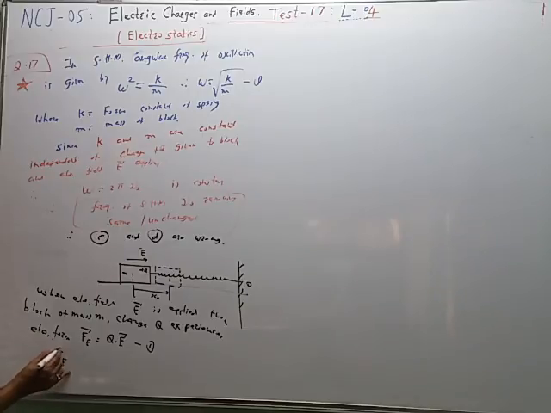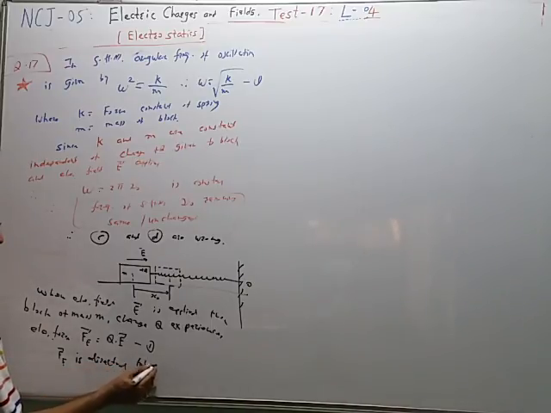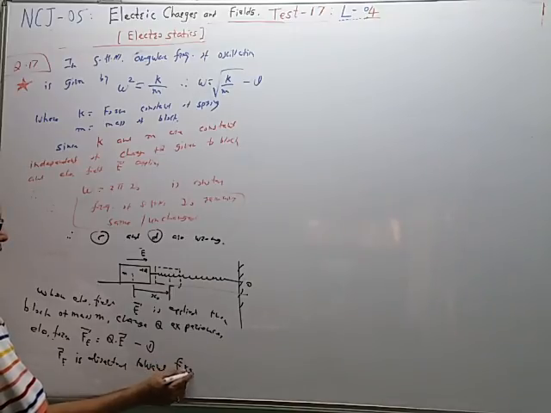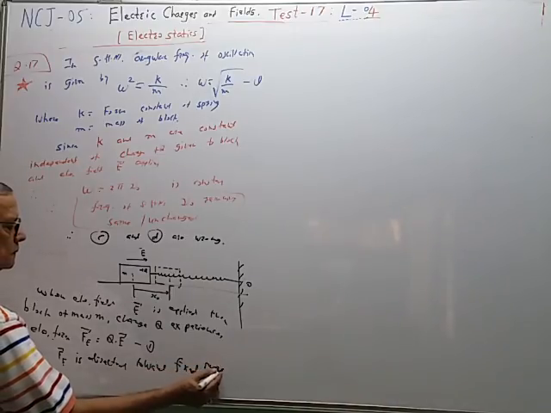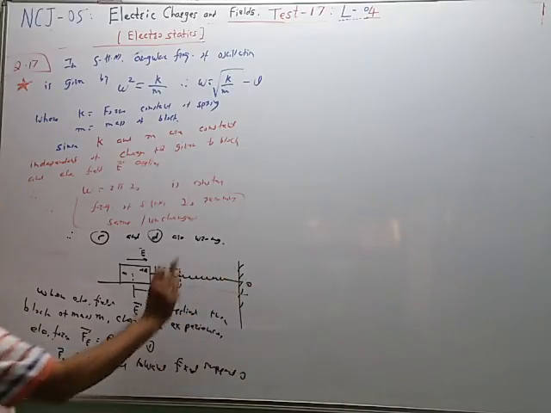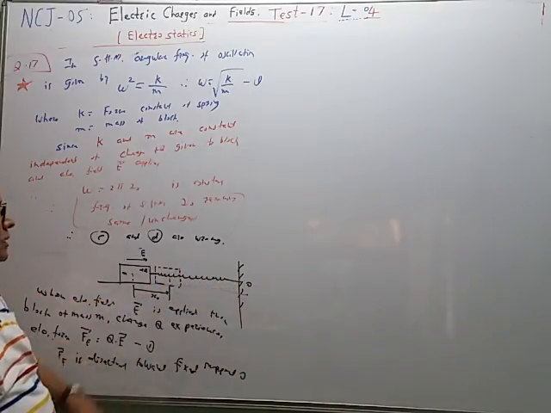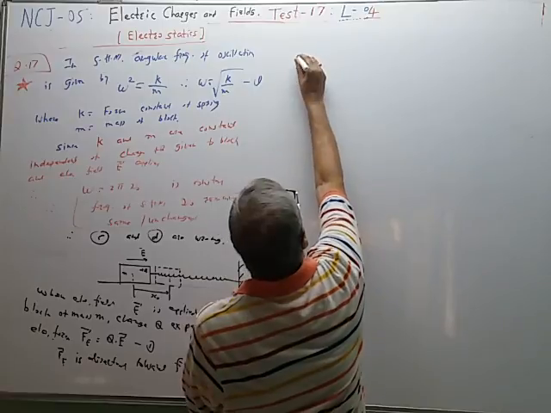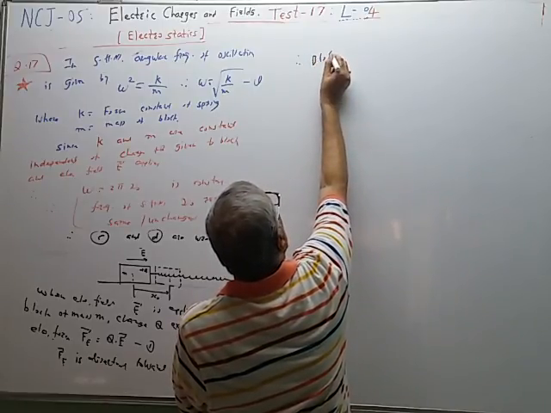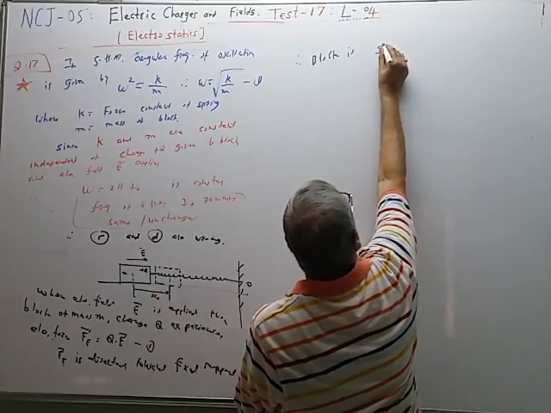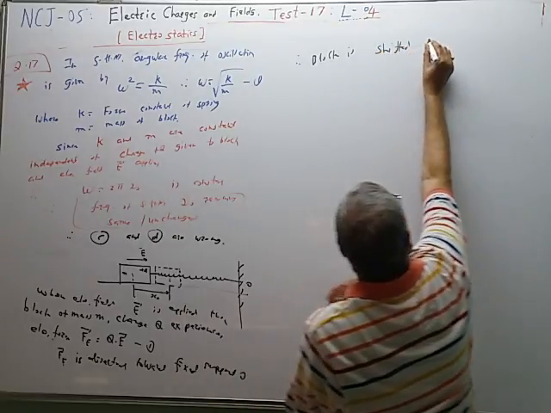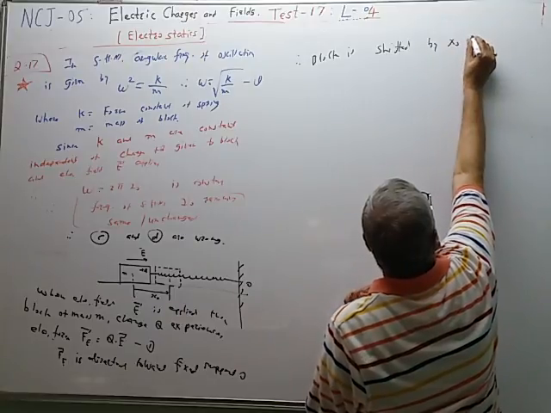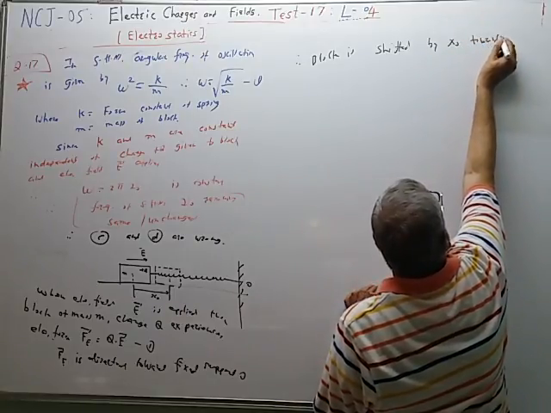Fe is directed towards the fixed support O. This is the rigid support. So this block is shifted like this. Fe is directed towards the fixed support. Therefore, block is shifted by x0 towards left.